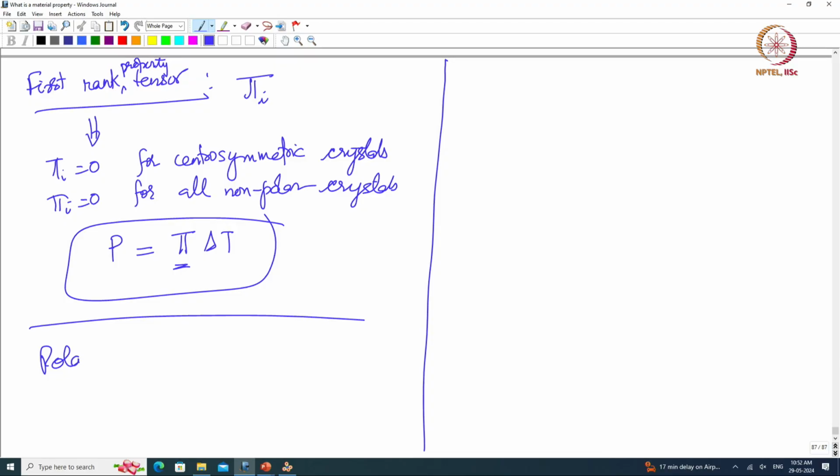Okay. So, pyroelectricity is a very good property that follows polar crystals, right. So, polar crystals are also known as pyroelectric crystals.